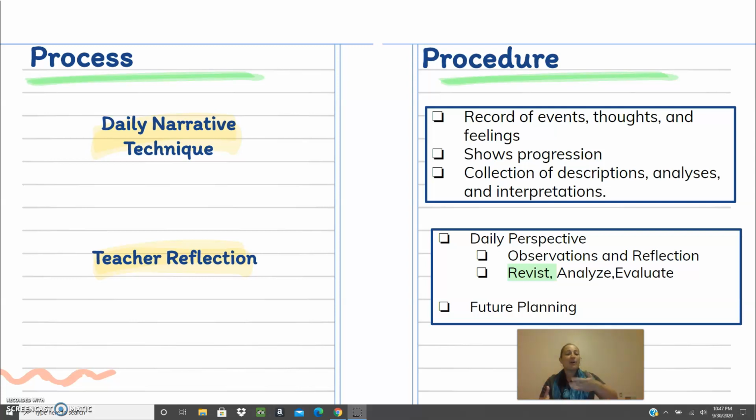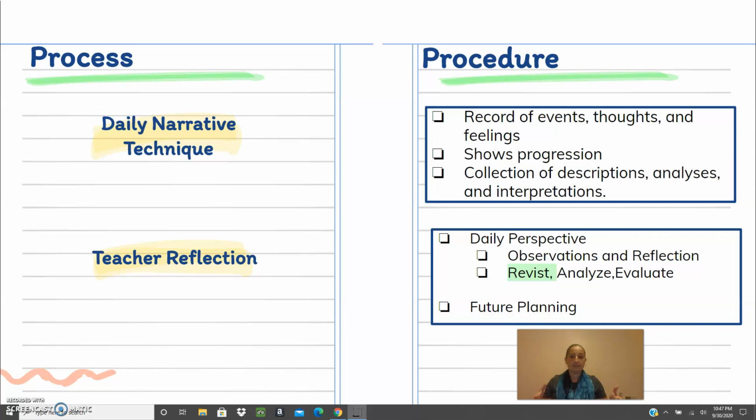They can see how everything has built on itself. How did we get from this discovery lab to now this implementation stage? But along the way, they have that narrative. It's not just a collection of data, but it is their thoughts, their conclusions, their data analysis, all in this one nice, easy, chronological spot.